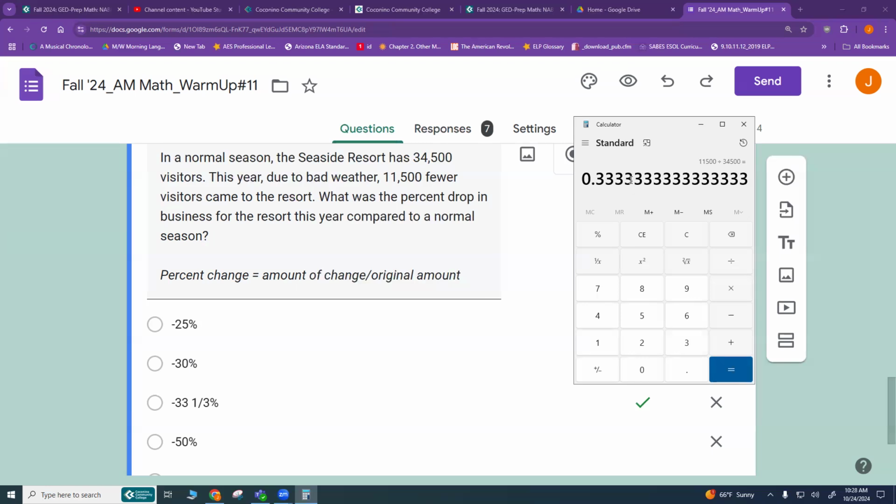Because hopefully you guys remember, these are our thirds, so they make kind of crazy percents and decimals, but 0.33333333 onto infinity is the same as 1/3. Okay.